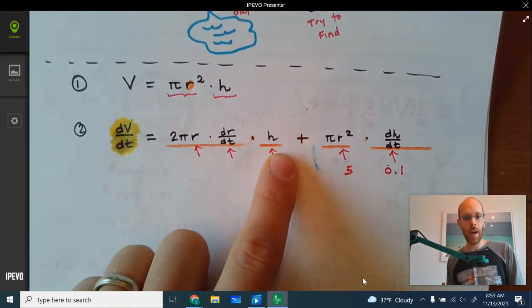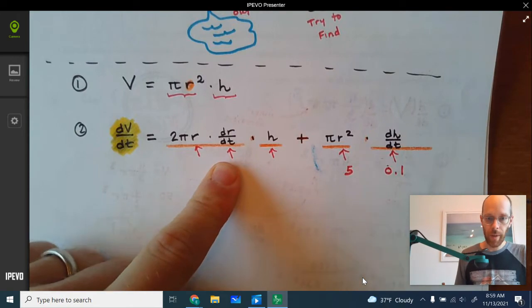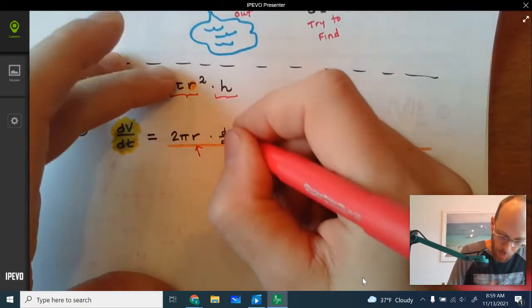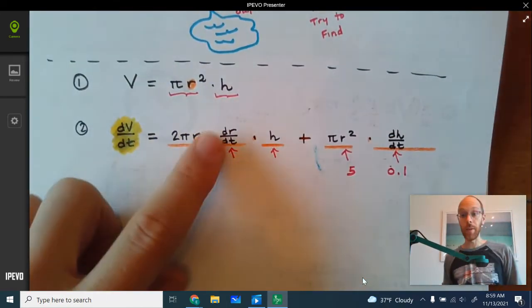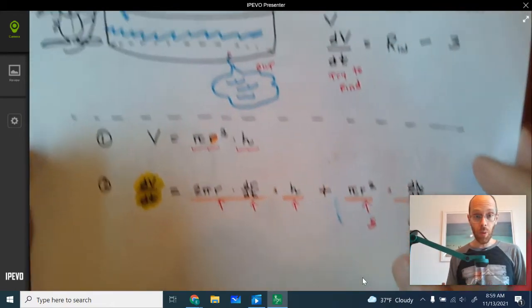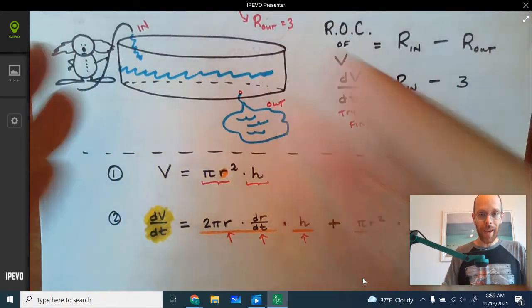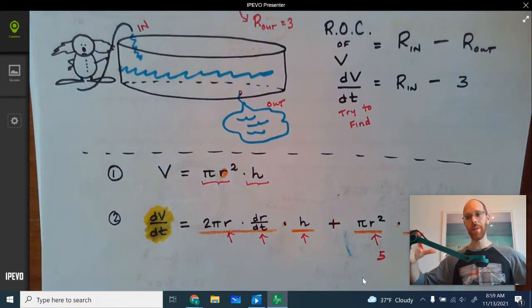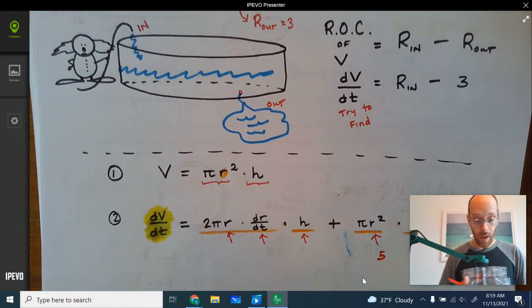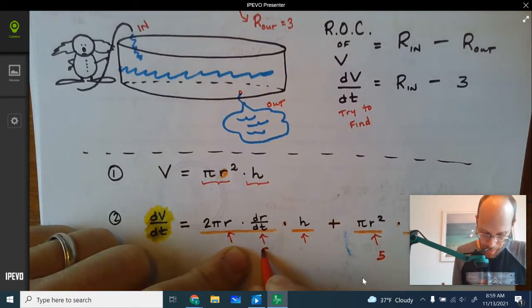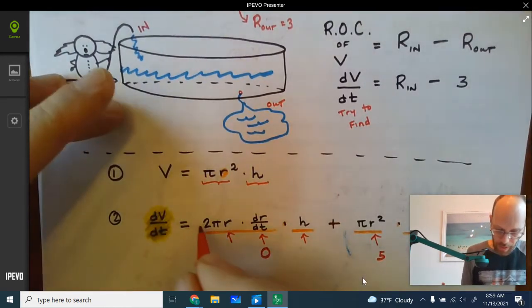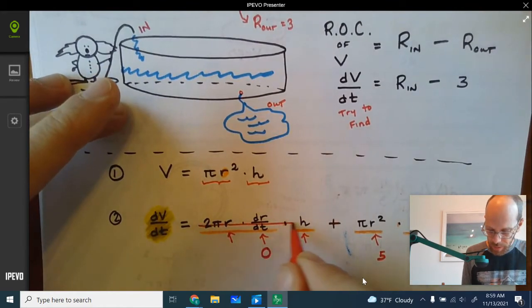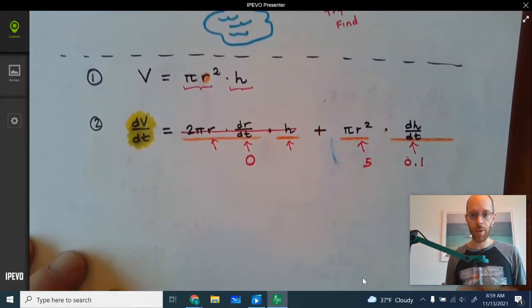We were not given the height or the rate of change of the radius. However, we know something really important about this, don't we? We know that the pool is filling up this way and that it's not expanding. It's not getting bigger in this direction. That would be kind of weird if it was, right? So the rate of change of the radius is in fact 0, which allows you to cancel this entire portion of the equation.